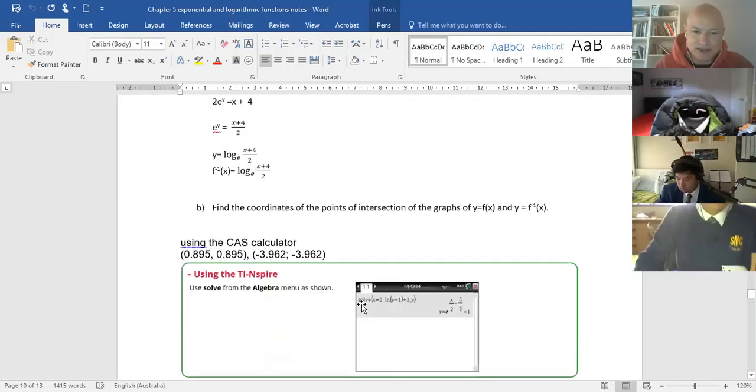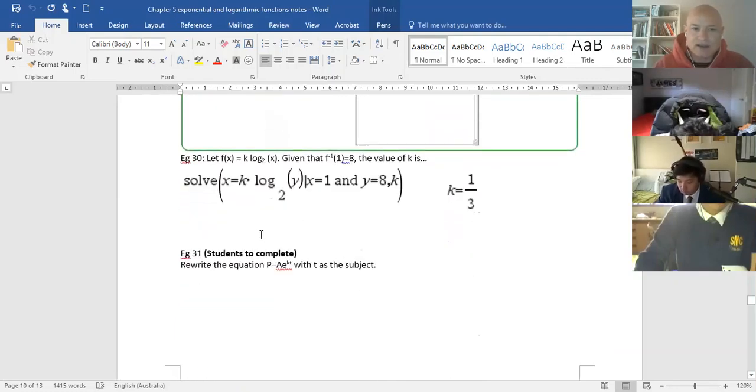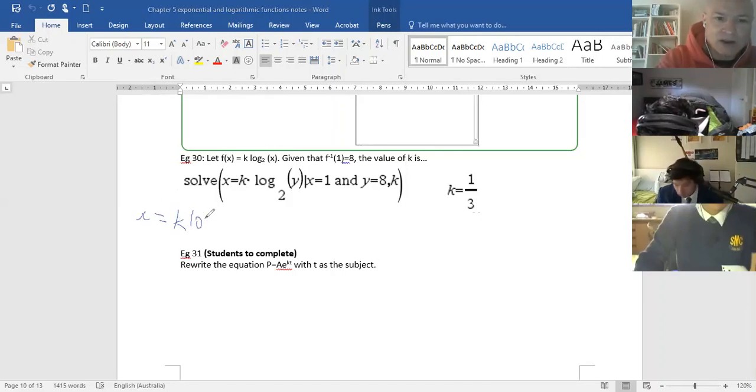Okay, example 30. It says let f of x equals k log 2 of x. Given that f inverse of 1 equals 8, find the value of k. So I've just shown you how to do it on the calculator so you can see. I've interchanged the x and y because it's saying for the inverse. So instead of having my y equals, I've written x equals k log 2 of y.